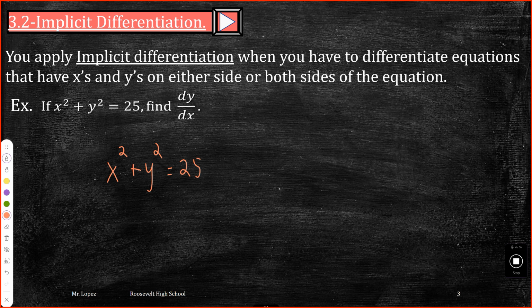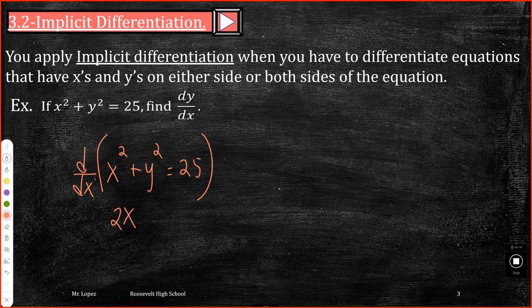You're going to take the derivative of the whole thing, d dx. So what's the derivative of x squared? 2x.